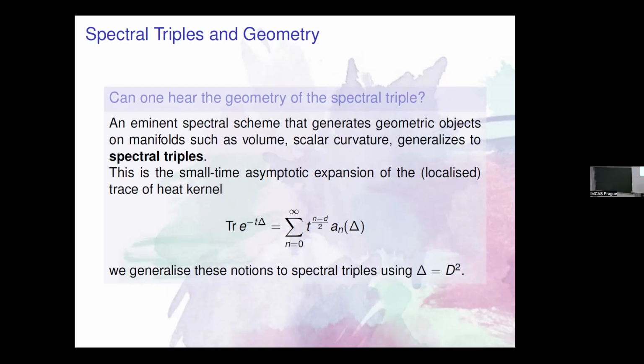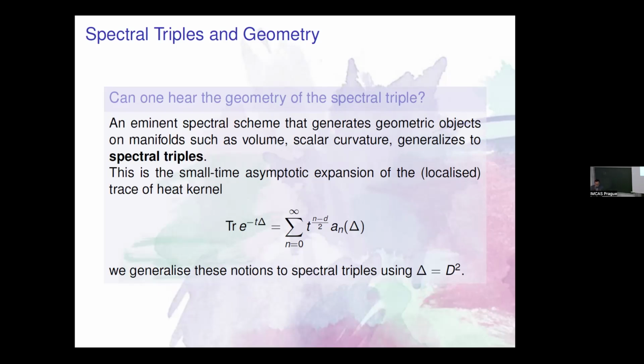It's a very simple object. You have an algebra, which is not a C-star algebra, but should be an algebra that's dense in a C-star algebra. Best, it shall be an algebra corresponding to smooth functions.